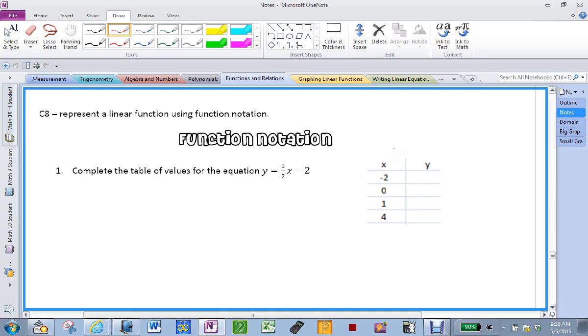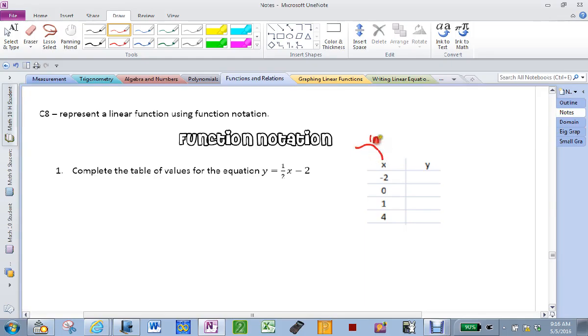Yeah, the independent variable. The dependent variable depends on what happens to x, doesn't it? That's why we call x the input. And it goes in right there, yes? Once we do the math to the independent variable, what do we get?